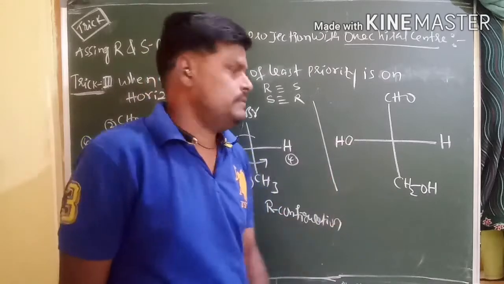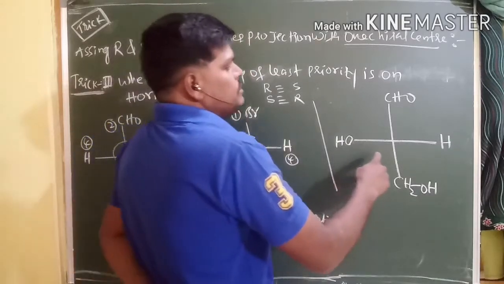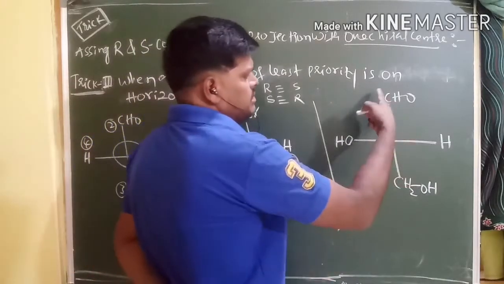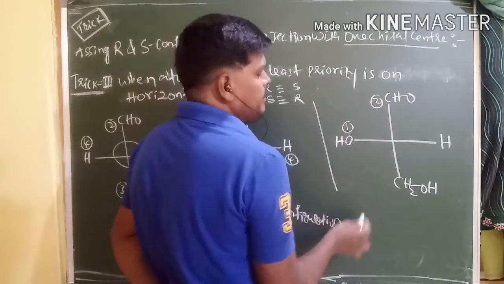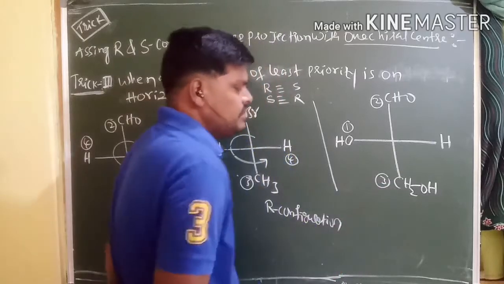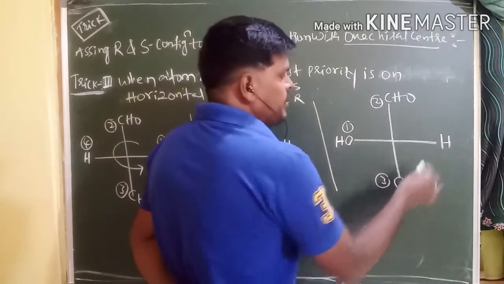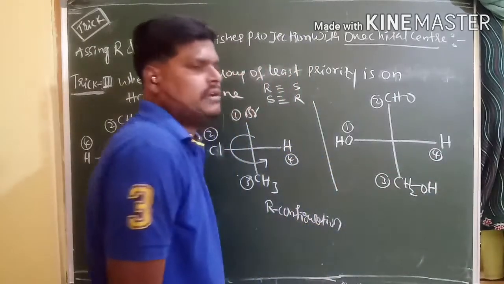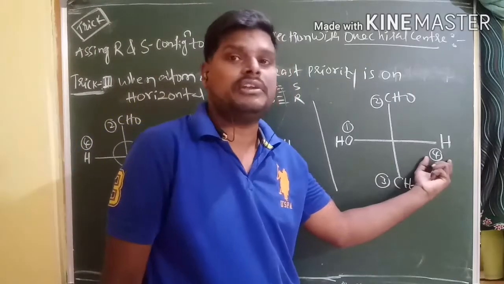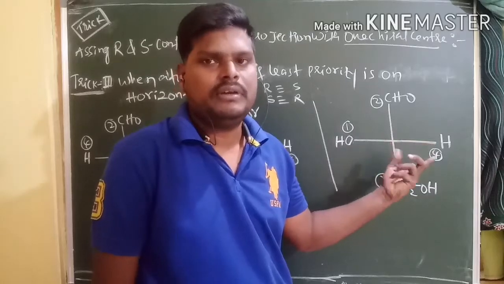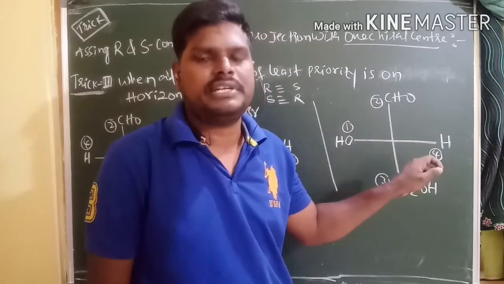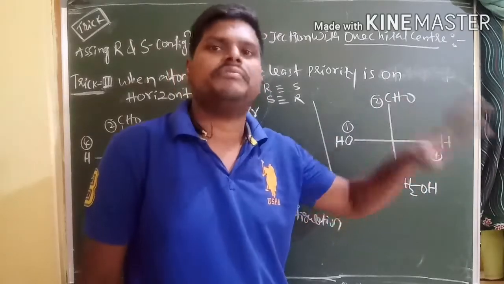Now coming to the third example. In this case, oxygen is the first priority, the CHO aldehyde is the second priority, CH2OH is the third priority, and the least priority is hydrogen. Of course, here it is on the right side of the horizontal line. I told you already, it can be either right side or left side. The least priority is always kept constant when you assign R and S configuration.